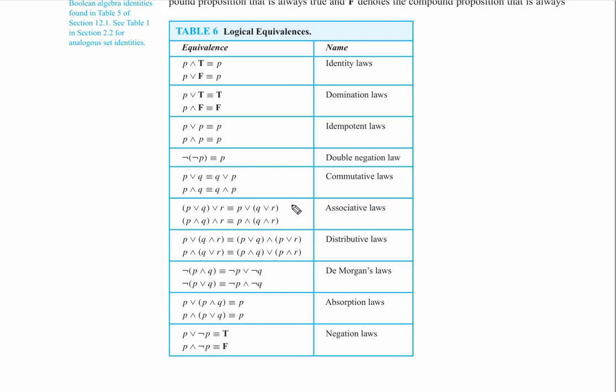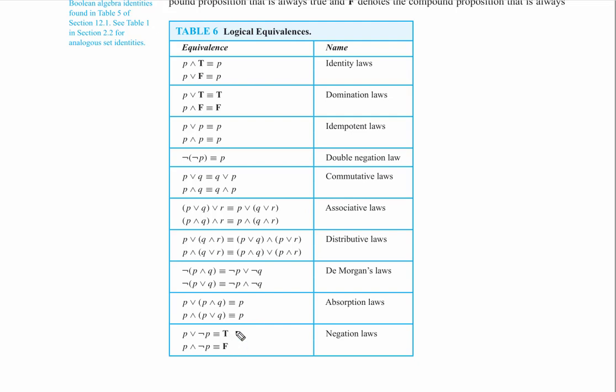Commutative laws, associative laws for or and. Distributive laws, De Morgan's laws. Here, some more cases, if instead of P, Q, and R, if two are the same, so P or P and Q, that's equivalent to P. The same the other way around.